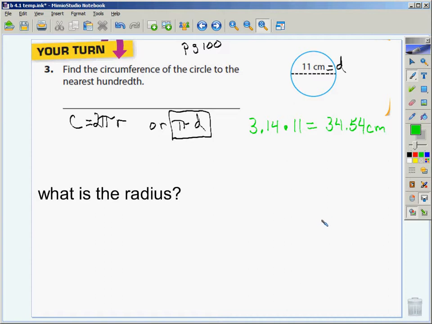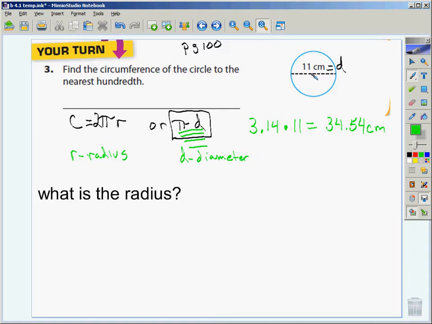Questions? Yes? 2 pi r or pi d, and we decided we were going to use which formula? Pi d. R stands for radius. And the d stands for diameter.